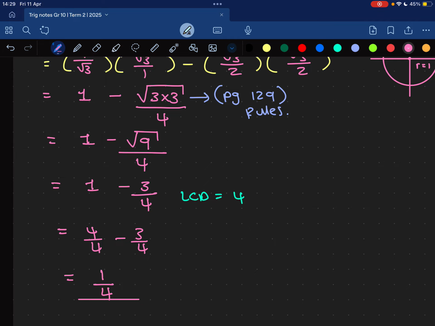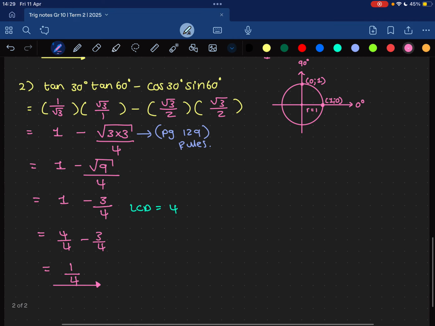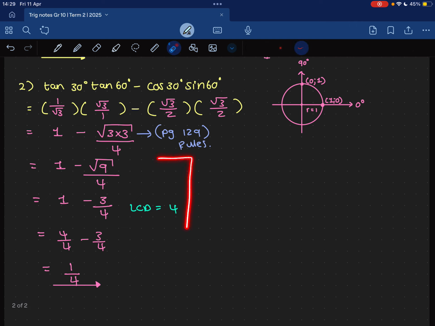Remember, you must show as many steps as possible because it's without a calculator. So you cannot use a calculator in any part of this method. It's okay if you skip this step and go straight to the next step if you know the rule, but you cannot miss the LCD. You will get a mark for finding an LCD because obviously it's without a calculator.